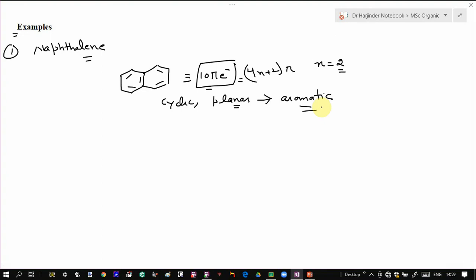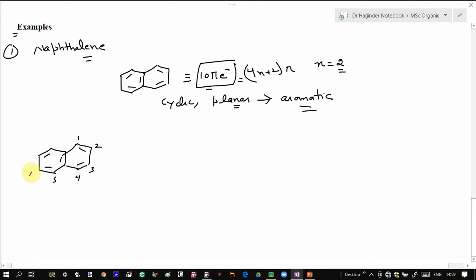Now, if you draw its resonance structures, let us draw the resonance structures of naphthalene. Suppose this is your carbon number 1, 2, 3, 4, 5, 6, 7, 8, 9, and 10.